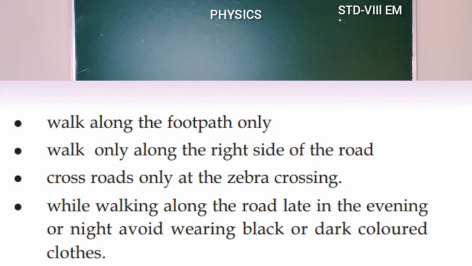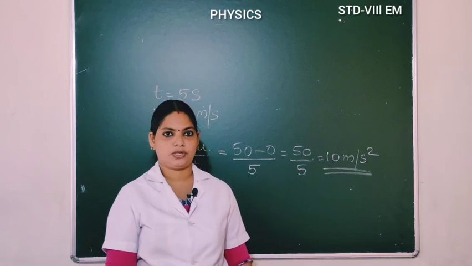Walk along the footpath only. Walk only along the right side of the road. Cross roads only at the zebra crossing. While walking along the road late in the evening or night, avoid wearing black or dark colored clothes. So these are the precautions for the pedestrians.